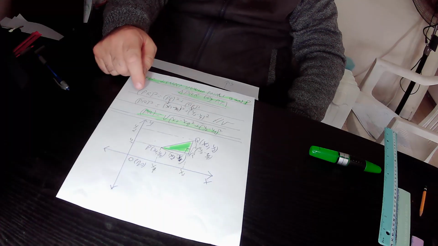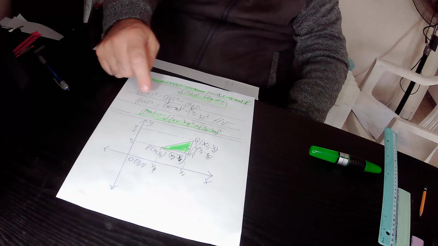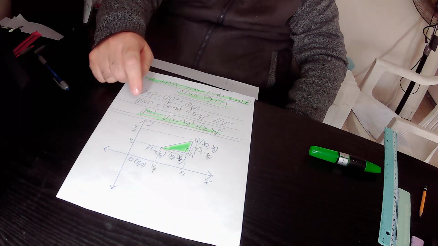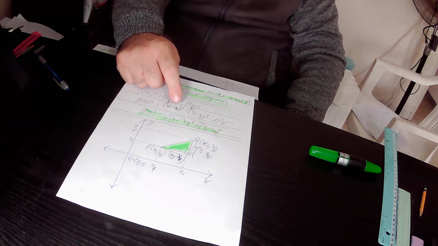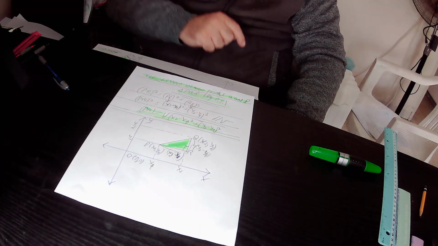PQ is the distance between points P and Q, and also the length of the hypotenuse QP. So PQ equals the square root of x2 minus x1 square plus y2 minus y1 square.